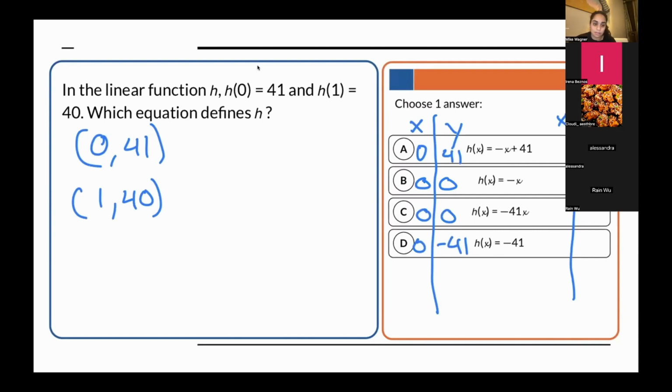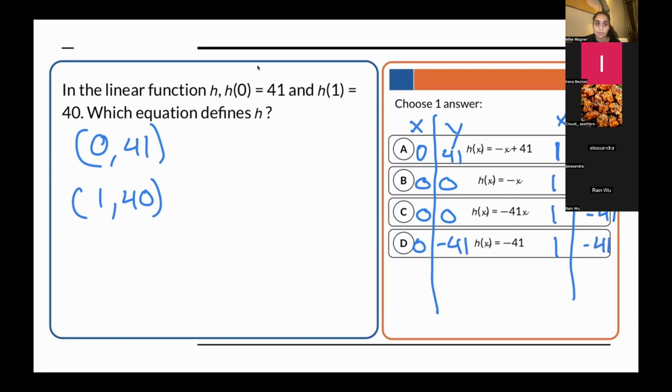So already off of this first plug and chug, you could pick option choice A. Personally, I prefer if you just check if the second solution works. So if we plug in 1, negative 1 plus 41 is 40. If we plug in 1, we get negative 1. If we plug in 1, we get negative 41. And if we plug in 1, we get negative 41.